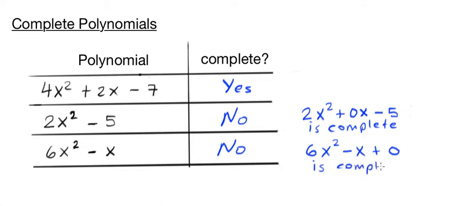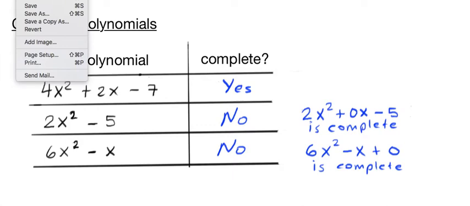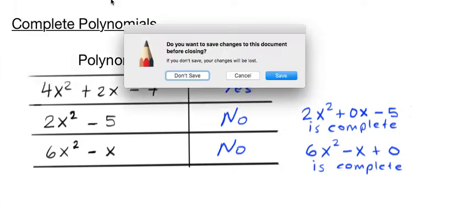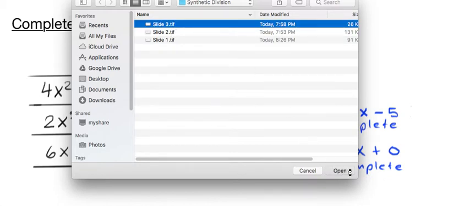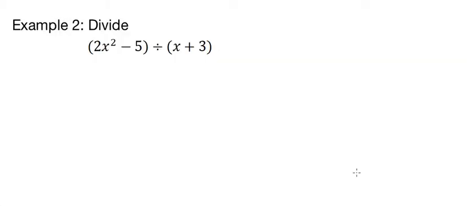So this will help us to go through the next example. Let's go to the next example now. Example 2, divide 2x squared minus 5 by x plus 3. Okay, when you look at the divisor, x plus 3 is of the form x plus something, so we can apply synthetic division.